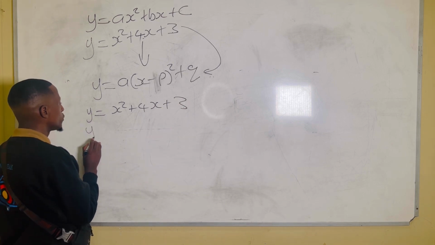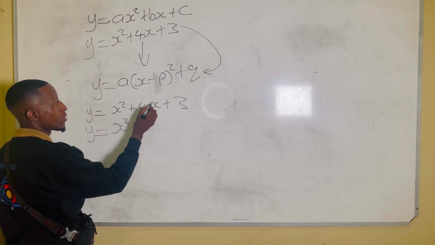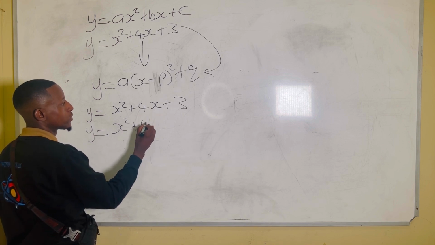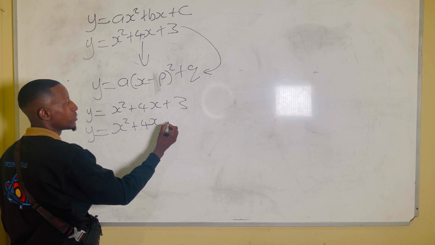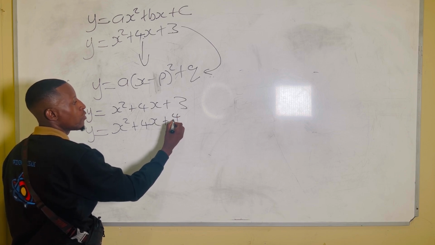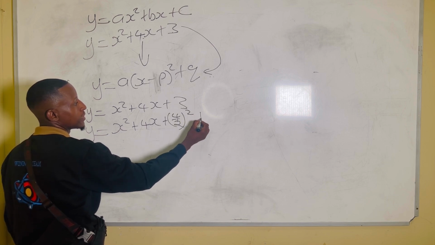So what we're going to do is take the coefficient of x, halve it, then square it. So it's going to be 4 over 2, meaning we're halving it, then we square, plus this 3.